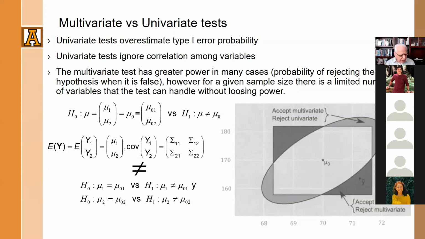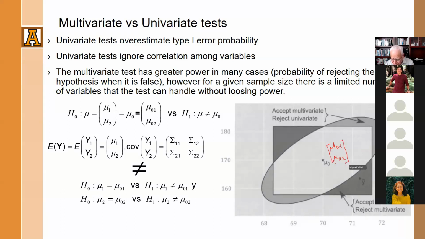Okay, so here we have a case. This is the vector of mu. This is the vector that represents mu1, so this is mu01, mu02.